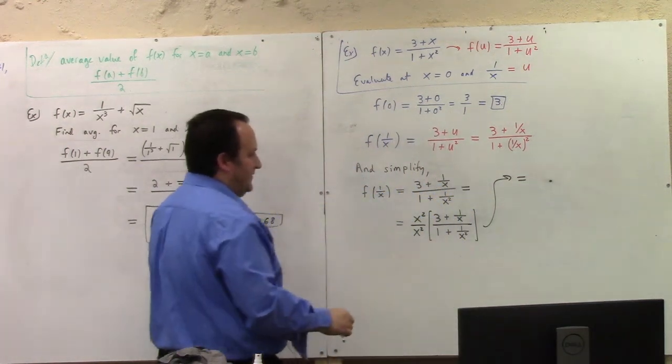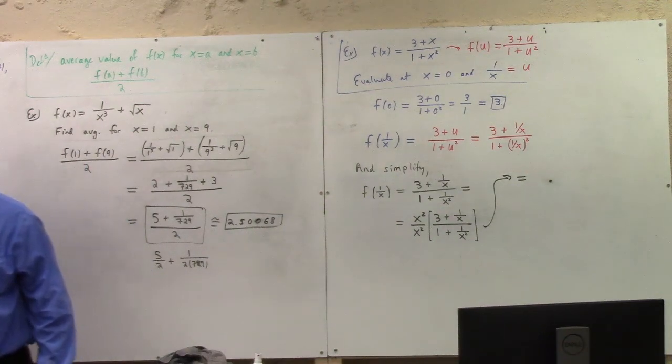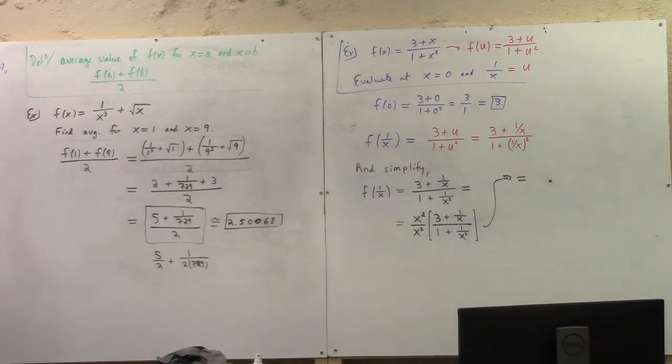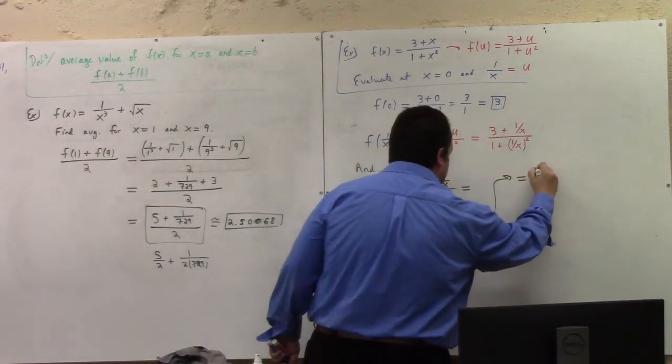So, if I was going to simplify, what I try to do is to remove compound fractions. I want an answer without fractions of fractions. So I try to get rid of the denominators, and the way to do that is just multiply this by x squared over x squared. If I do that, then I'll clear out the 1 over x squared, and that'll give me a better answer.